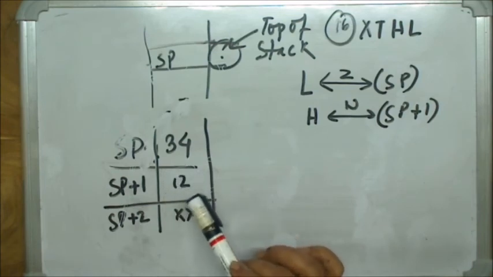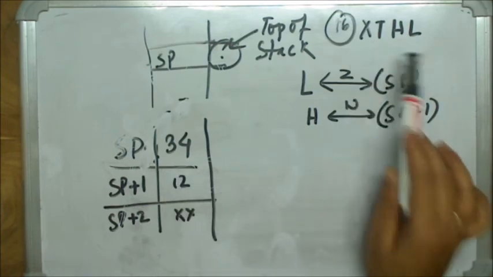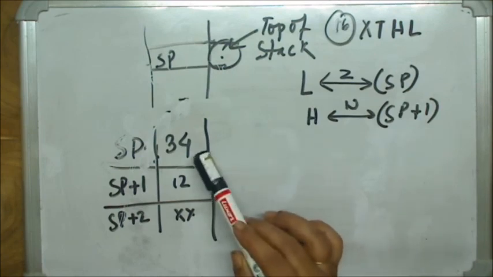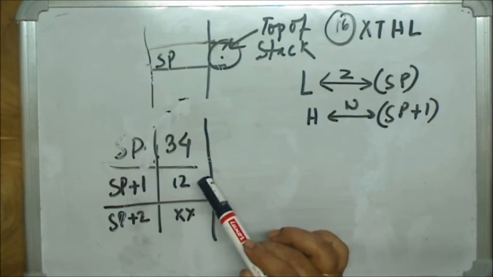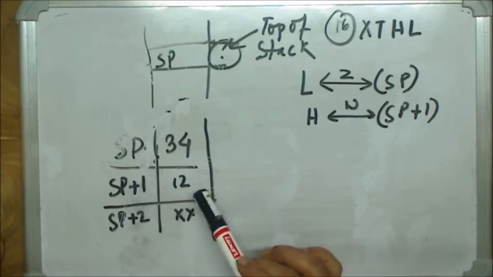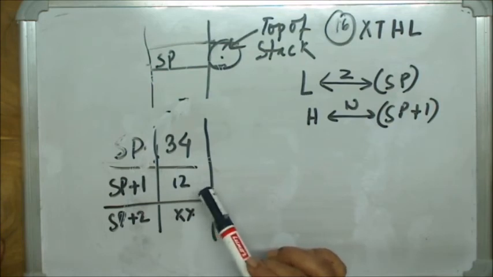So after you write XTHL, what will happen? The elements at the stack pointer and the stack pointer plus 1, that is the next address, will be exchanged with the HL pair. Now who gets what? Again you have to apply the rule.